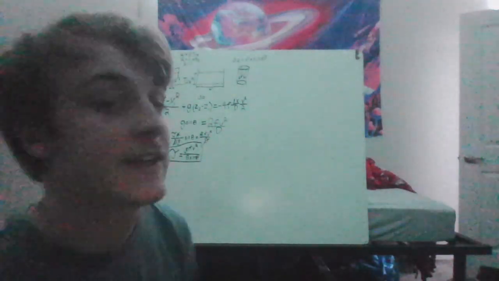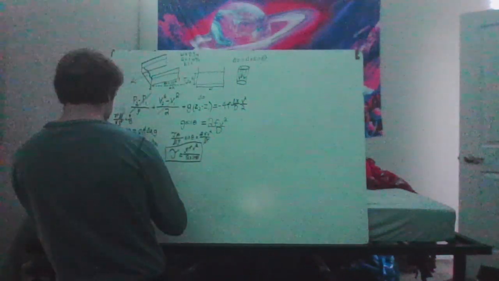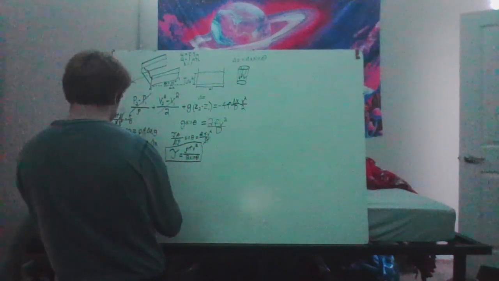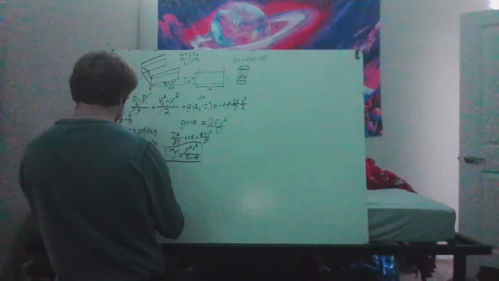So now we just need to relate this back to our situation with the rectangular channel. So we're going to go back to this equation here where we had rho g equals tau wetted perimeter over the area.